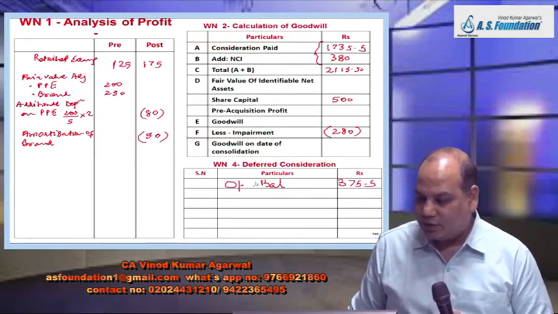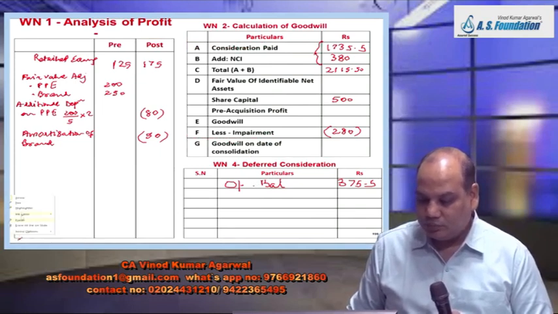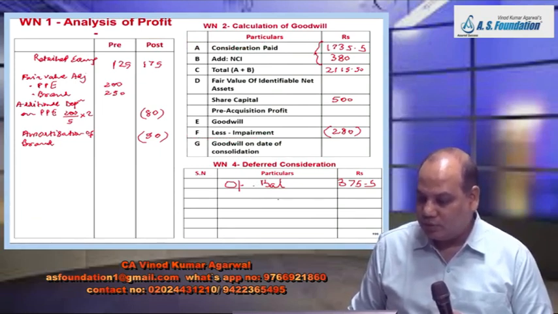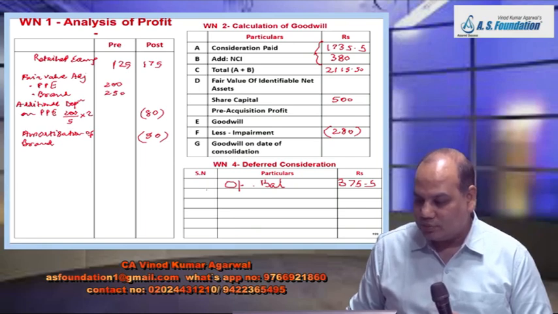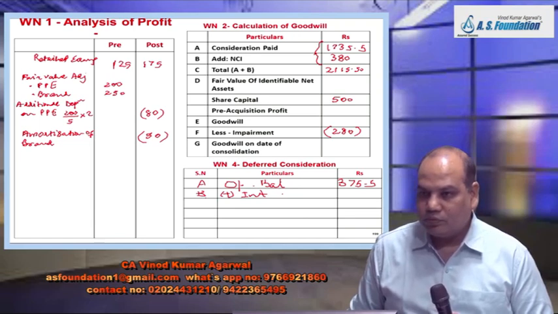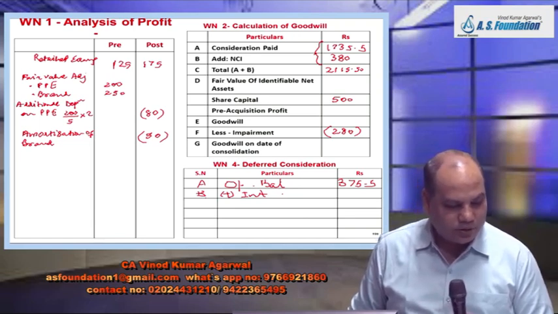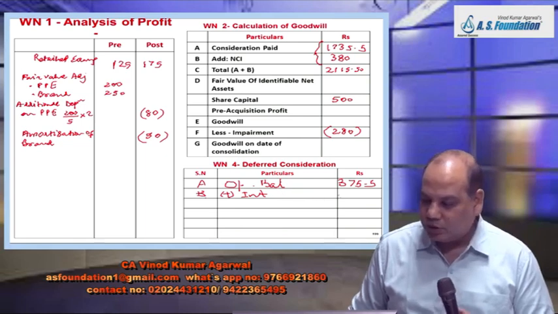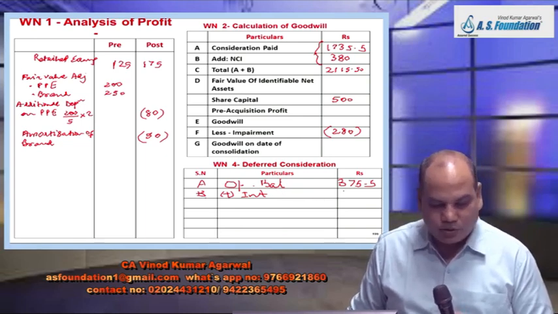On deferred consideration, we have to calculate interest for 2 years. So write down in working note 4, point number B, add interest at the rate of 10% on opening balance.